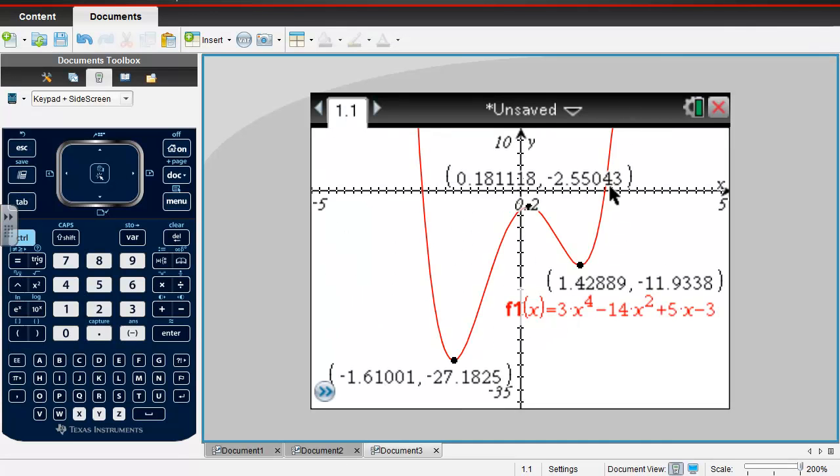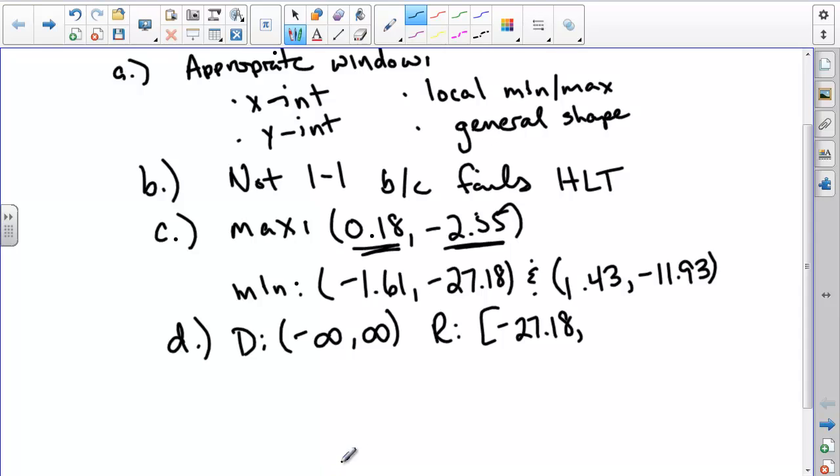Well, because of my knowledge of polynomial functions and graphs and parent functions, I know it keeps going up forever here, keeps going up forever here, and therefore it's never going to stop going up. And my maximum y value is going to be infinity. And we never include infinity. We always use the parentheses there. So negative 27.18, including all the way up to infinity, is our range.